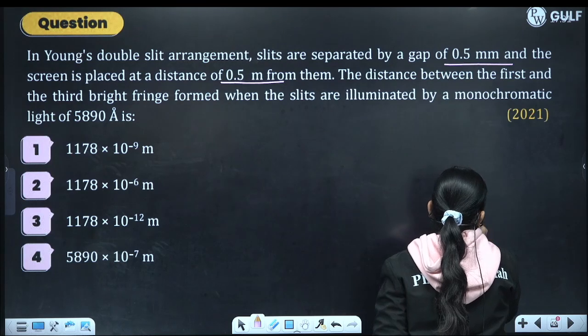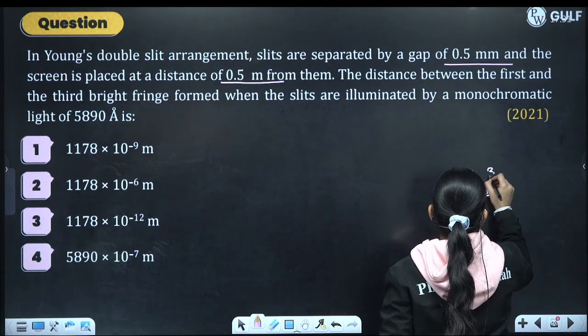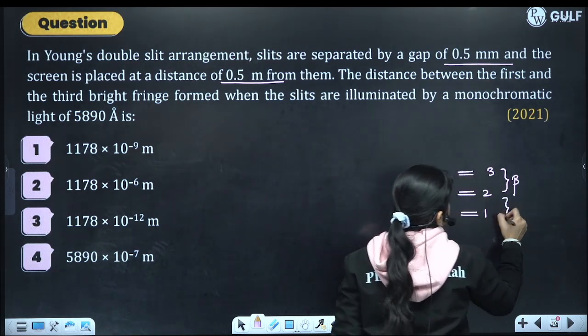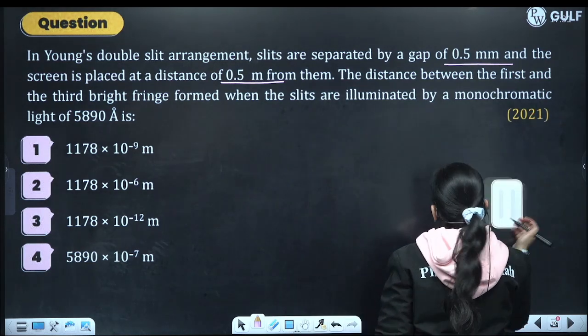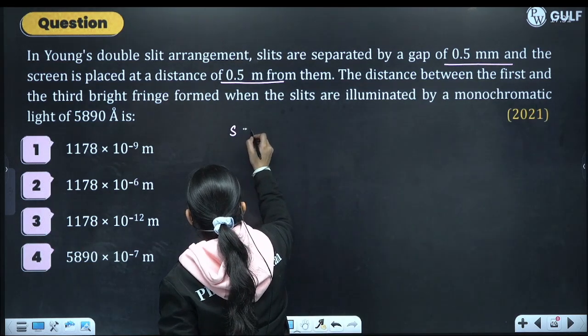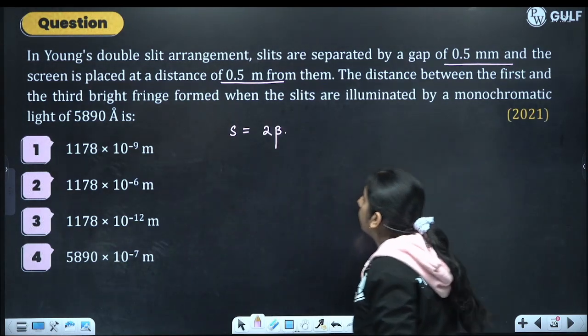We have first maxima, second maxima, third maxima. This is also beta, this is also beta. So this will be 2 beta. So distance S is equal to twice of beta.